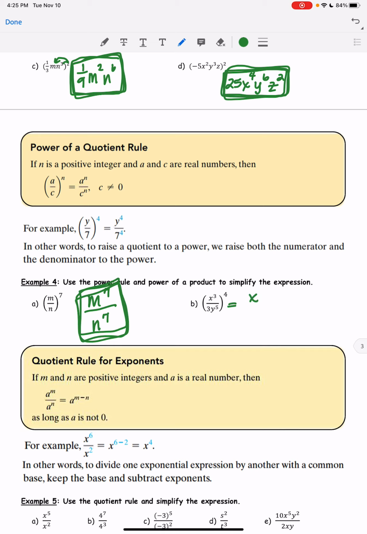So I've got x to the 12th, 3 times 4. You've got 3 to the 4th. 3 to the 4th is 81. And then y to the 20th, 5 times 4.